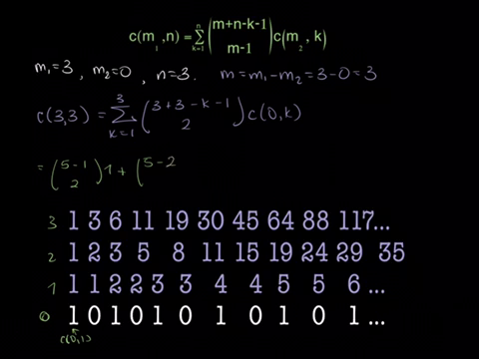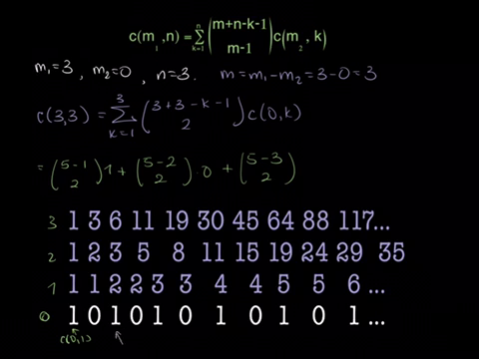We're adding the next term. Choose 2. Now C0,2 is 0, but that's okay. Plus 5 minus 3, choose 2. C0,3 is 1.